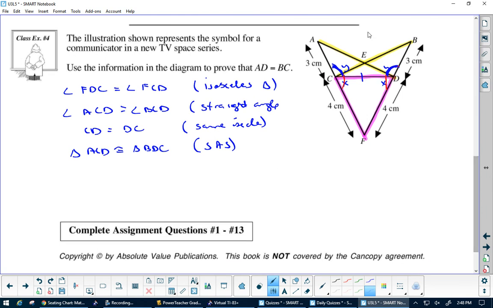So do you see I've proven that these two yellow triangles are the same, therefore AD must equal BC because they are corresponding sides. So therefore AD equals BC. They are corresponding sides of congruent triangles.